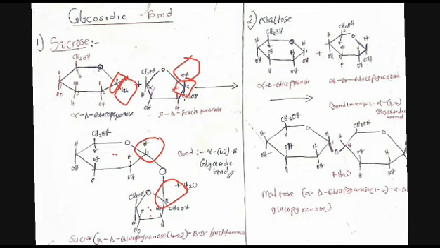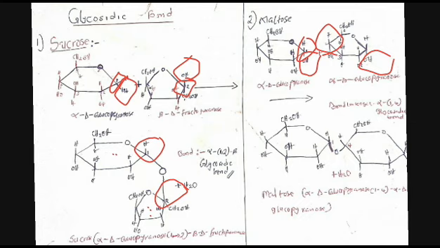Let's look at maltose. Maltose is formed by alpha-D-glucose. I told you why it is alpha, because this OH is facing down, and then another alpha-D-pyranose form of glucose. So this is carbon number 1, and this is carbon number 4.